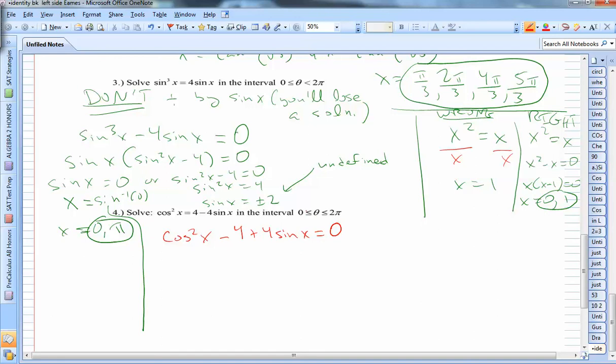Now, if we think about it, this is kind of like saying y squared minus 4 plus 4x equals 0. Could you solve that if I gave you that equation? You can't, because you need another equation.